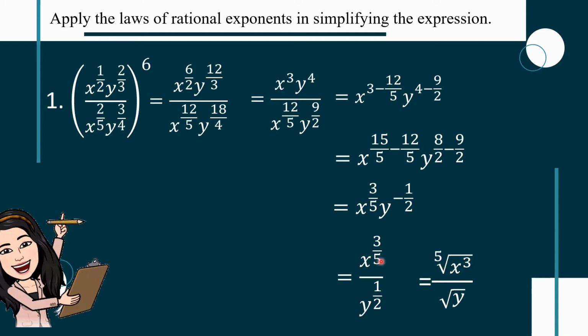The denominator becomes the index, the numerator becomes the exponent, and the base becomes the radicand. So 5th root of x cubed, and this one is the square root of y. Therefore, this is our final answer: the simplest form of this expression is 5th root of x cubed over square root of y.